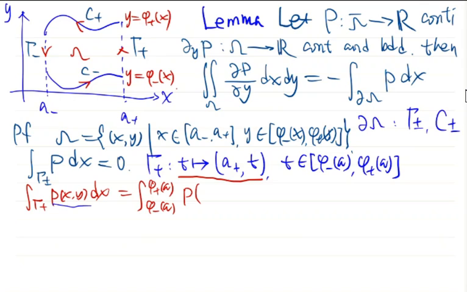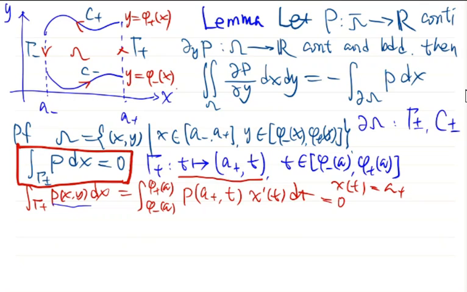Then dx is x prime of t dt. But in this case, x of t is identically a plus, therefore the derivative is 0. So this integral is 0. This proves our claim. Very simple, just by the computation of the flow integral.